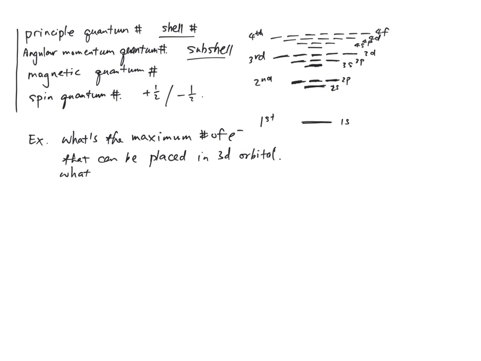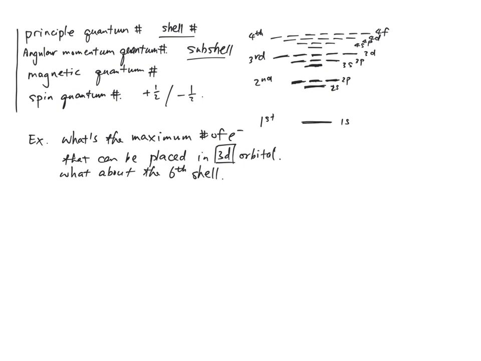What about the sixth shell? All right, so 3d orbital, how many electrons can you have?